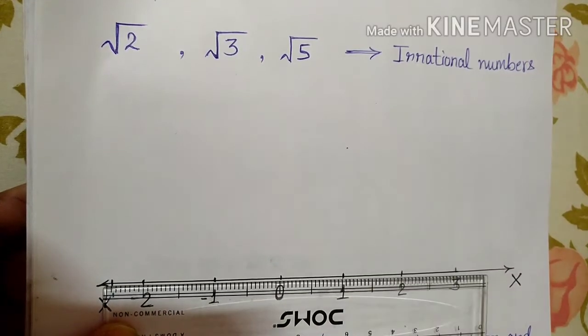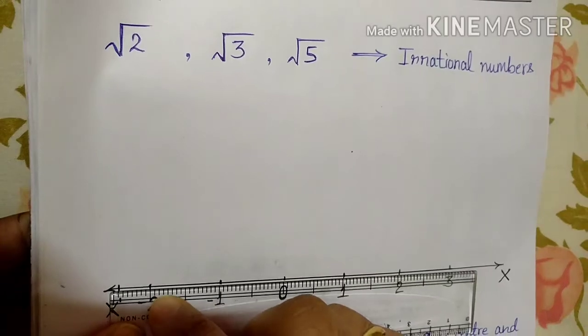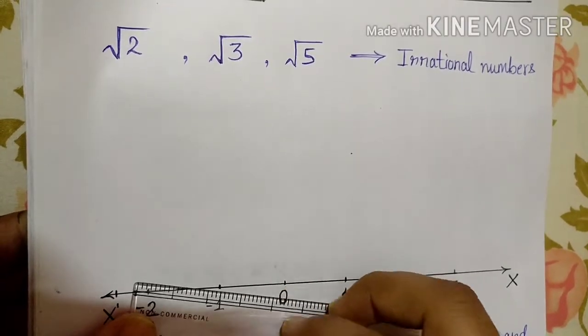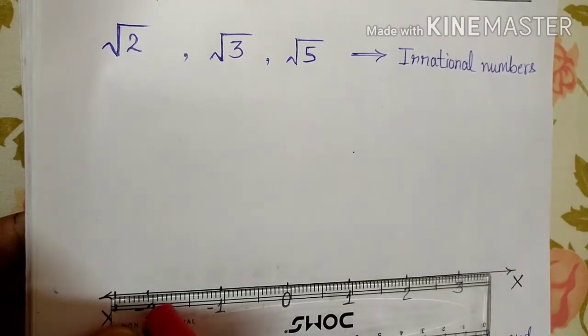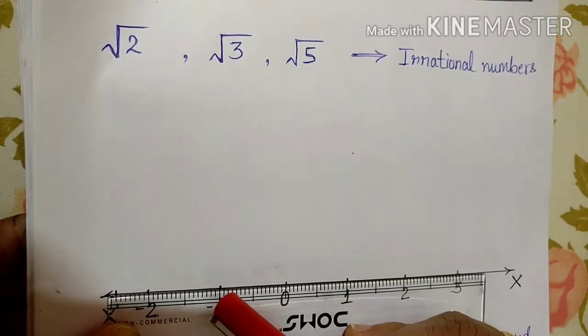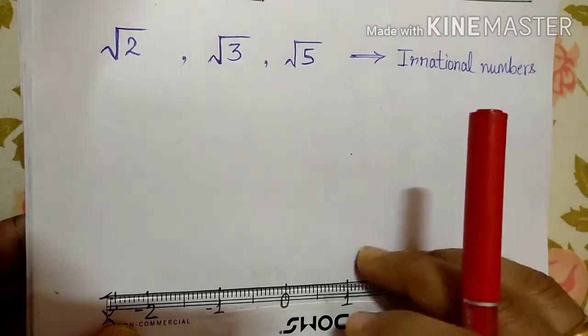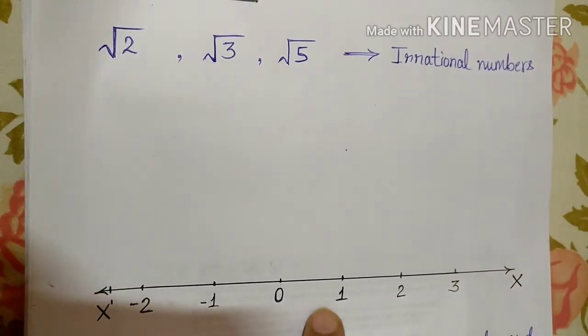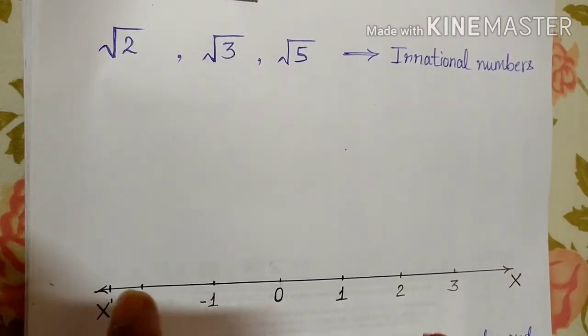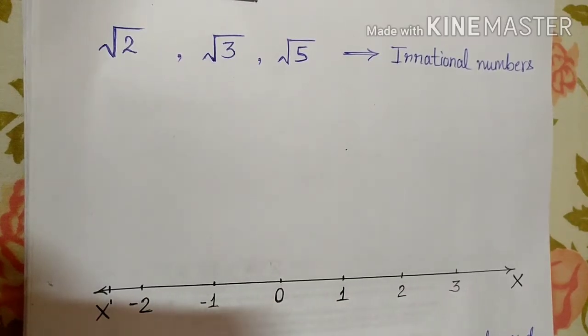This gap is 0, this gap 1, this gap 2, this gap 3, and so on. Then I have taken 0, 1, 2, 3 and minus 1, minus 2 here, because I need more positive numbers. That's why I have taken them here.